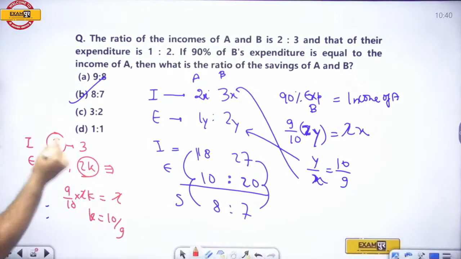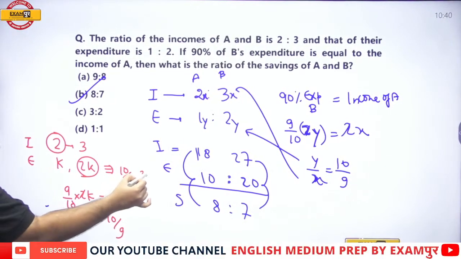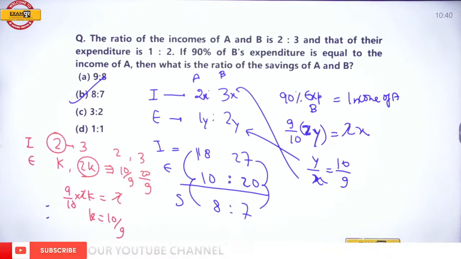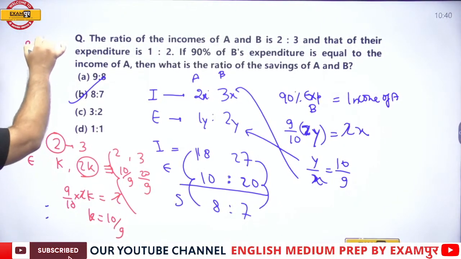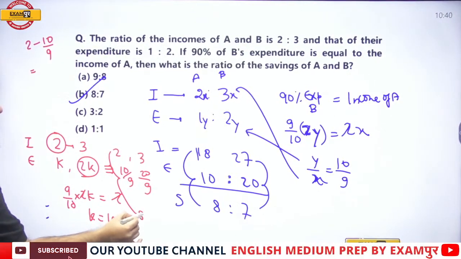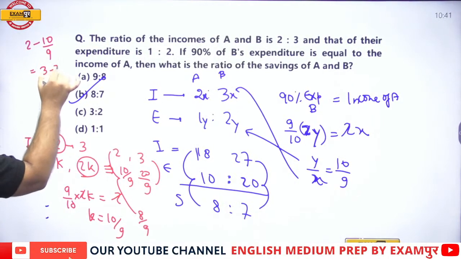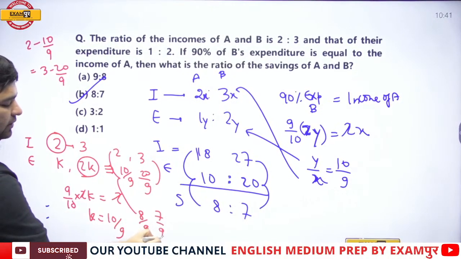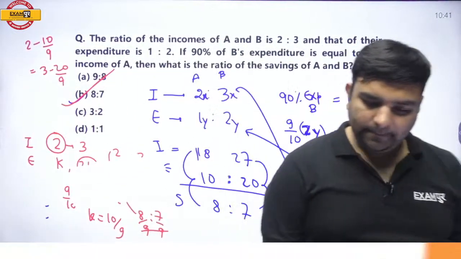So values are 10 by 9 and 2K is 20 by 9. Incomes are 2 and 3. Find out their savings. 2 minus 10 by 9 is 18 minus 10, 8 by 9. And 3 minus 20 by 9 is 27 minus 20, 7 by 9. 8:7. Is it perfect?